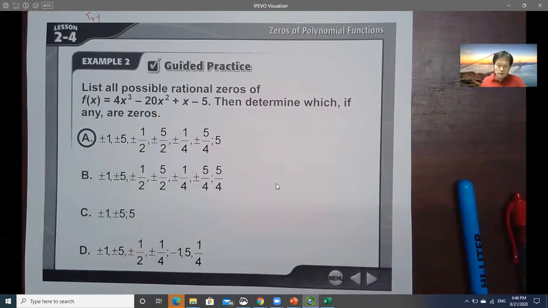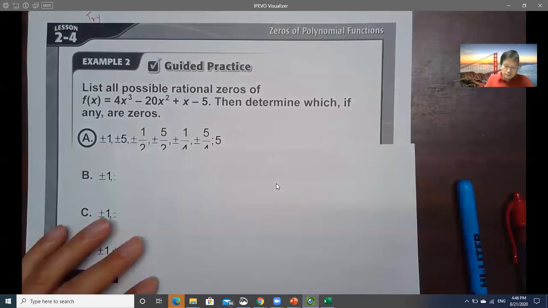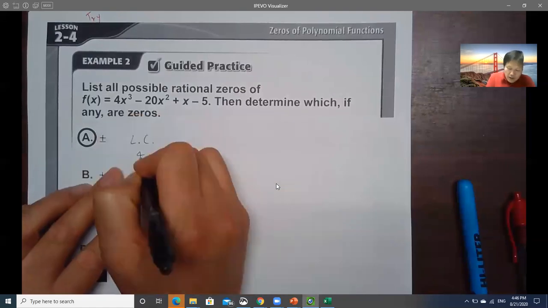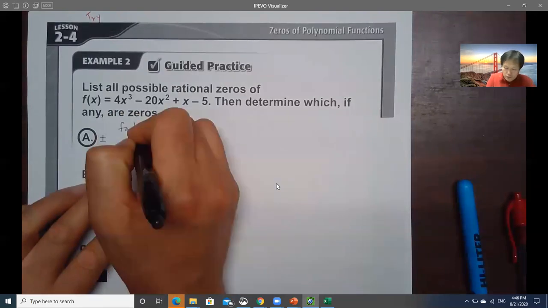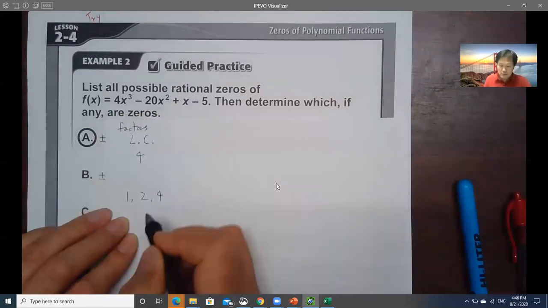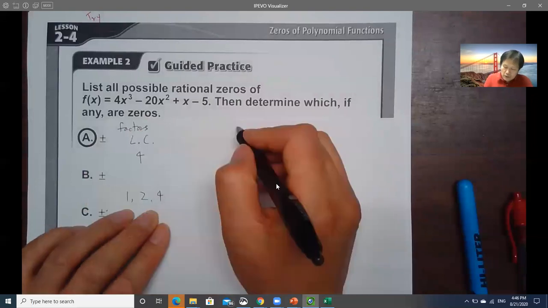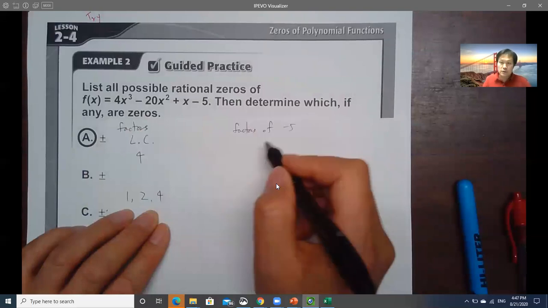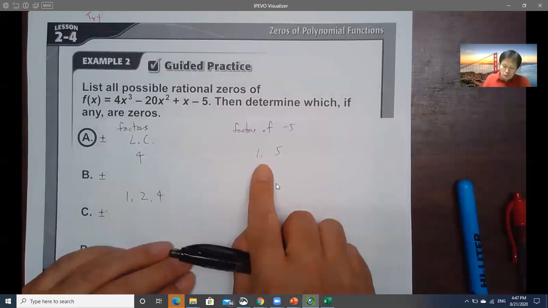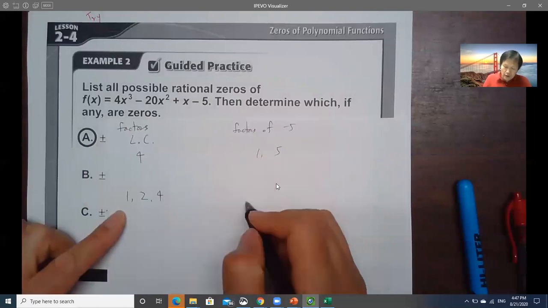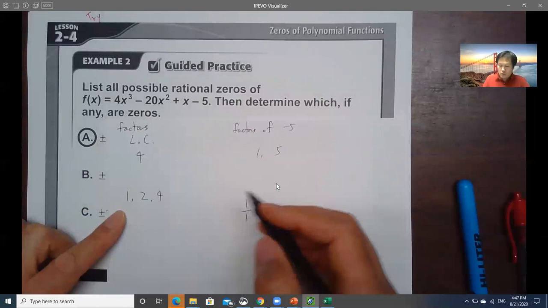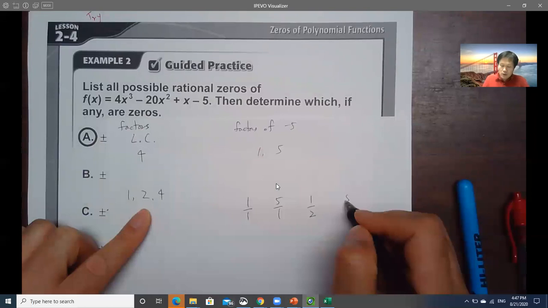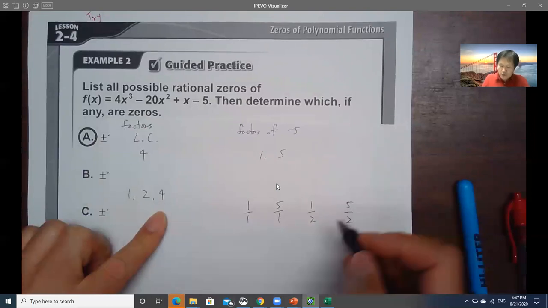So in case you didn't quite catch this here, the leading coefficient here is a 4. Factors of 4 are 1, 2, and 4. We have a 3 now. Okay, let's look at the factors of -5, which are 1 and 5. We will have to deal with a minus. So 1 over 1, 5 over 1, 1 over 2, 5 over 2, 1 over 4, 5 over 4.